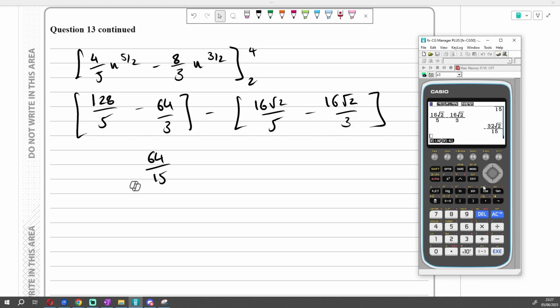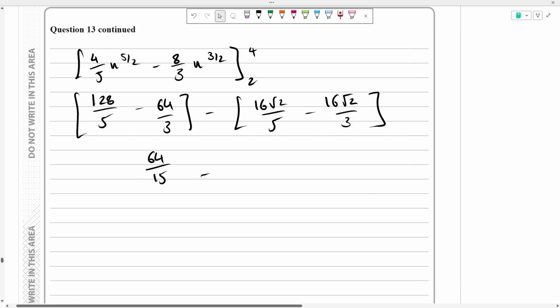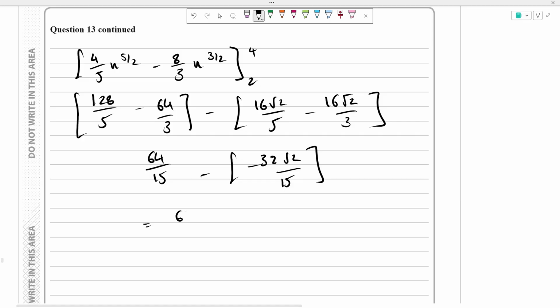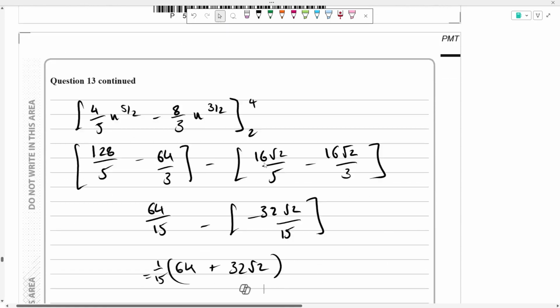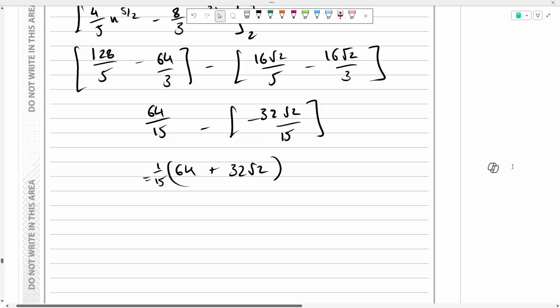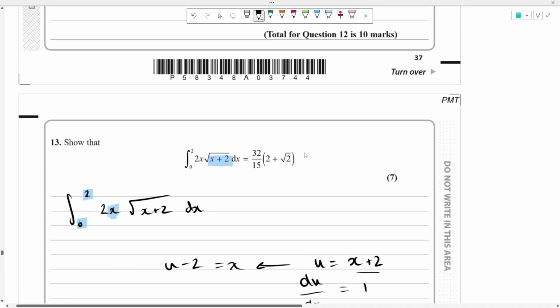That gives you minus 32 root 2 over 15. We just have to be careful of the minus there. And because we're adding, this is going to be 64 plus 32 root 2. And then we have a 1 over 15 on the outside, which we can factorize out. But it wants 32 over 15 on the outside, so let's factorize out the 32 as well. So that's going to be 32 over 15, 2 plus root 2 as your final answer.